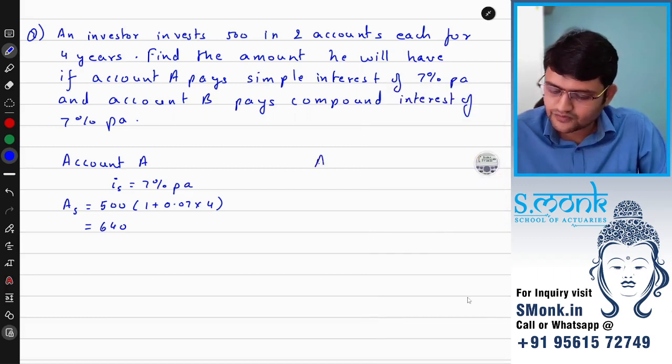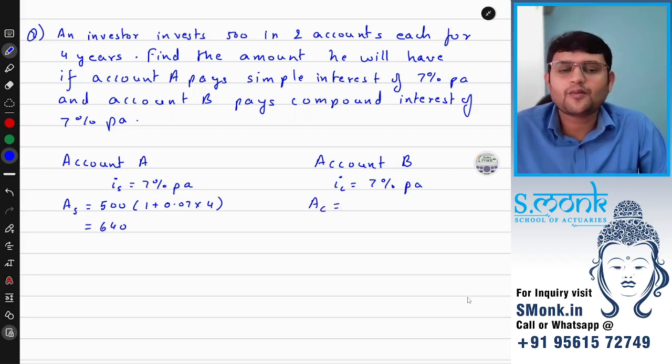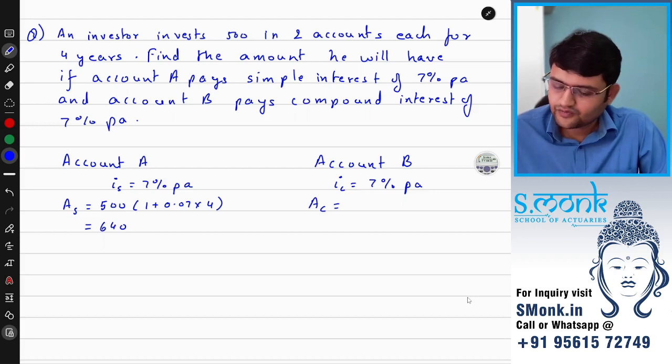Now I'll also solve account B. Compound interest given here is 7% per annum. So the accumulated amount, or the amount that you will have after 4 years.